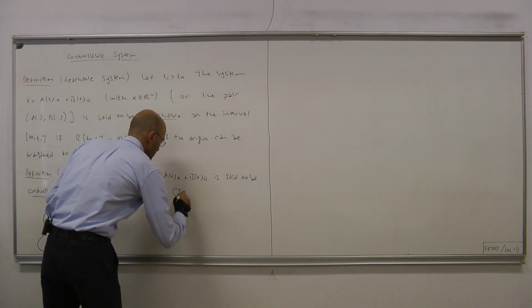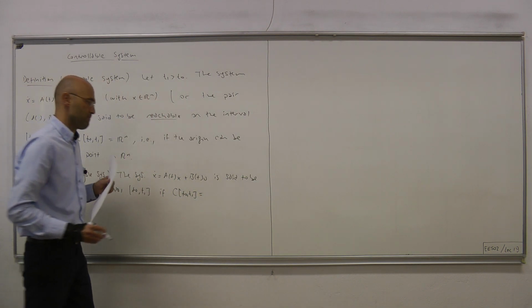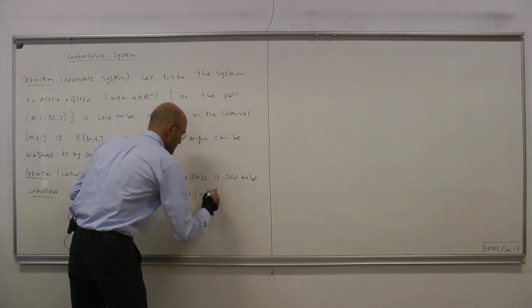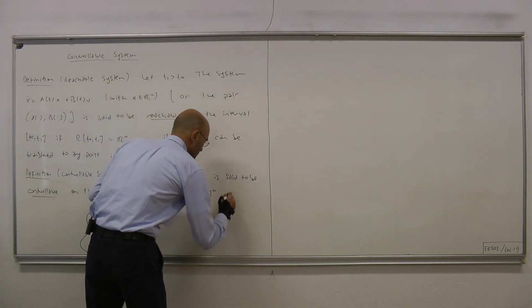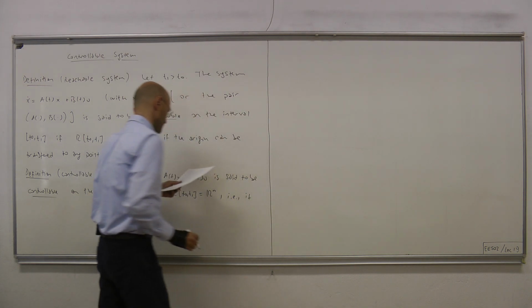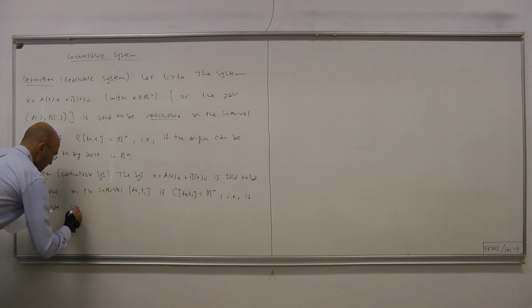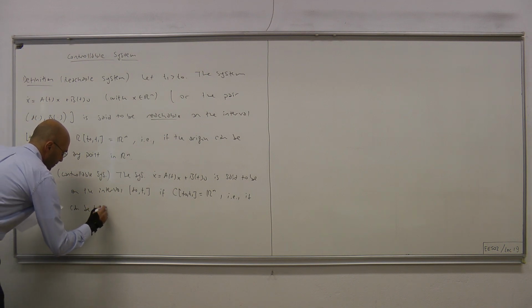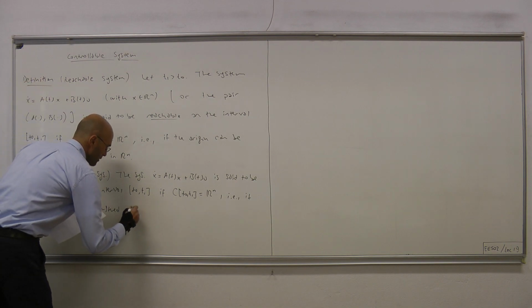That is, if the controllable subspace is the entire space, equals Rn. In other words, if every state can be transferred to the origin.